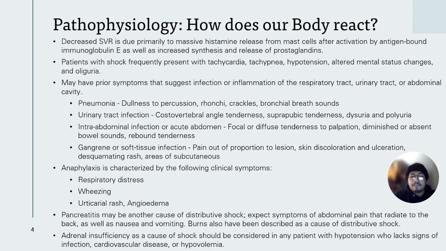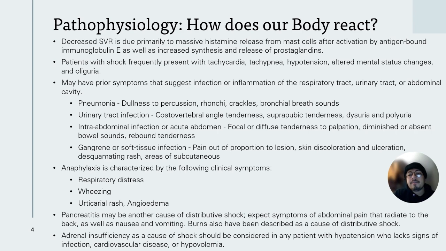To dive a little bit further into how our body reacts, there are different ways we can develop this type of shock. A decrease in our systemic vascular resistance is due primarily to massive histamine release from mast cells, which is basically your allergic reaction.